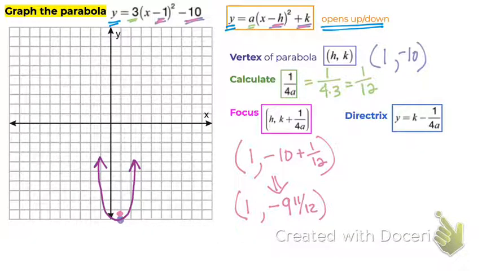So now let's do our directrix, that line. And our directrix starts off with y equals, so it's going to slice across the y-axis. It's going to be a horizontal line, and it is k, which is negative 10, minus whatever 1 over 4a is. So minus 1/12.